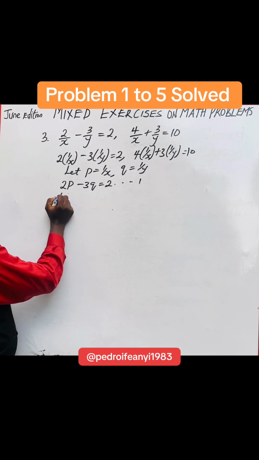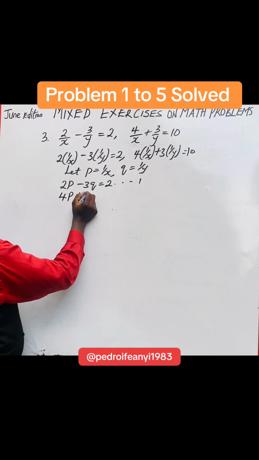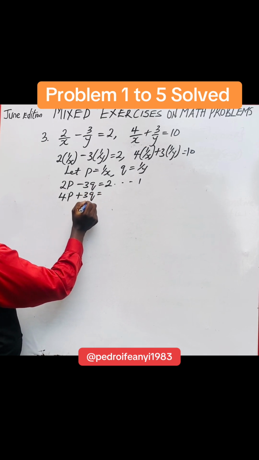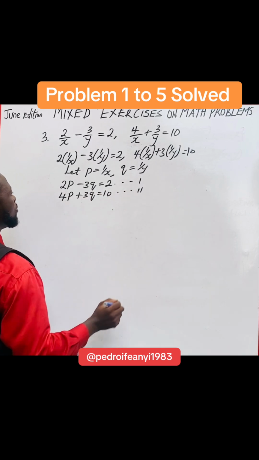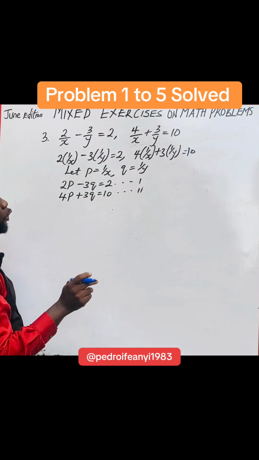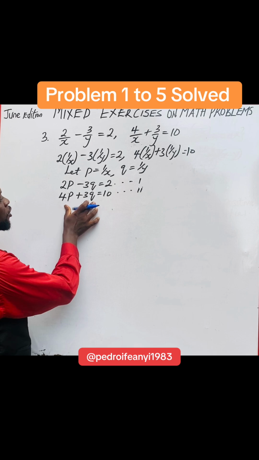Then this one will give us 4p plus 3q equal to 10. Call this equation 2. All right. So we've gotten equation 1 and equation 2. What we do now is solve them simultaneously.